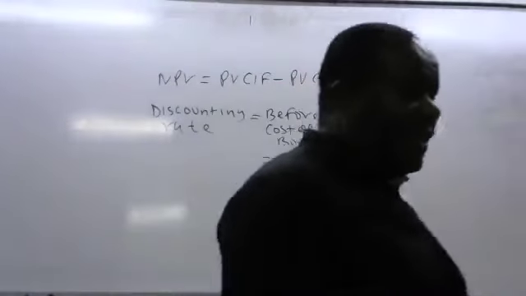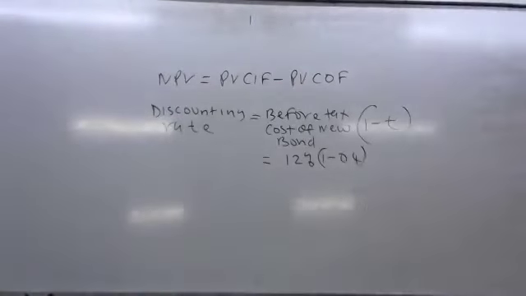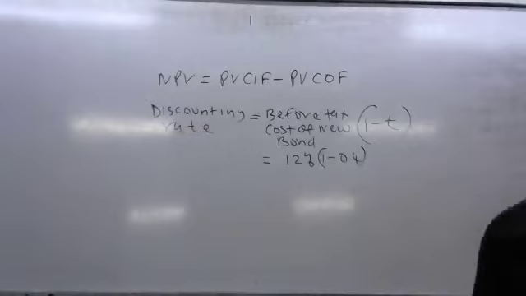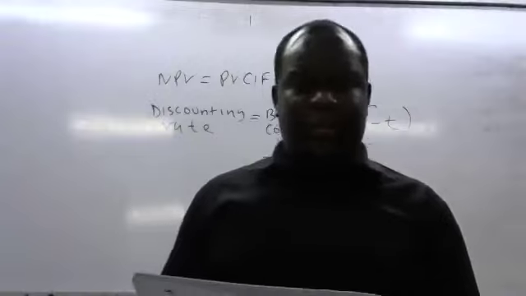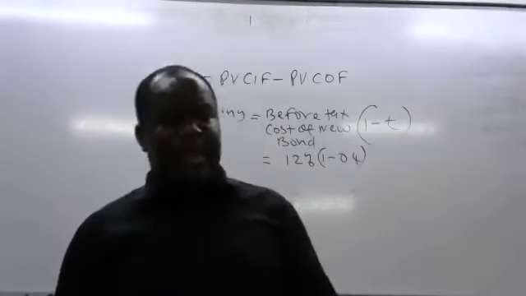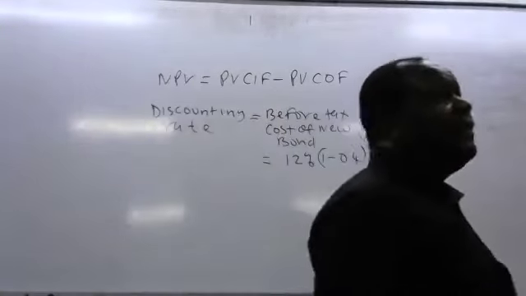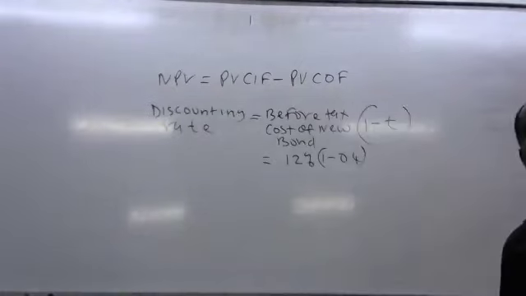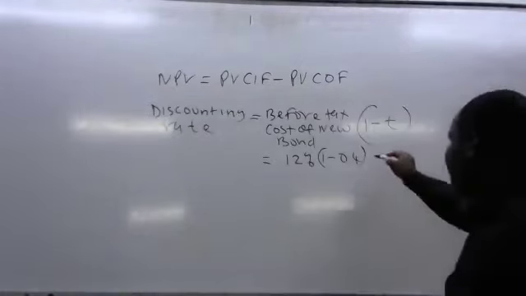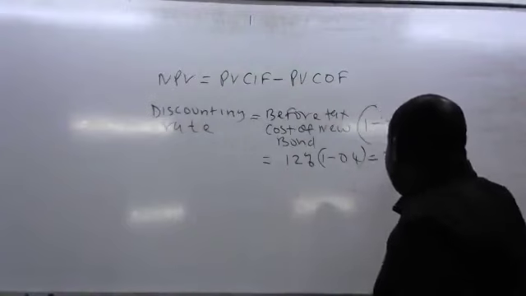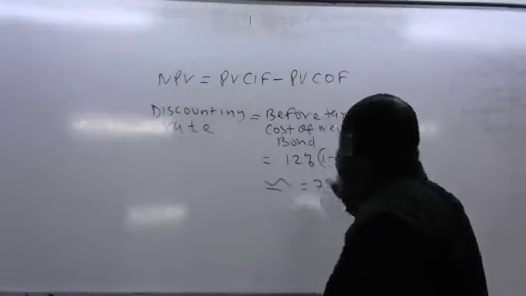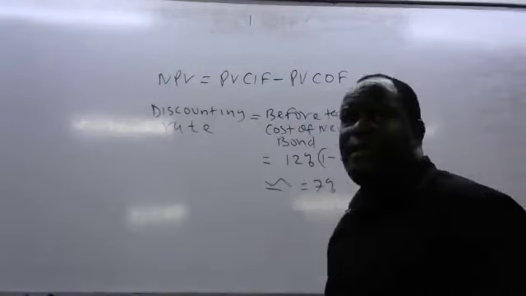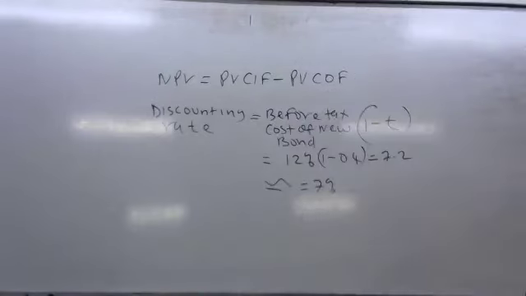But check at the end of the question. At the end of the question, you are told that the after tax cost of debt to the company is approximately 7%. That's how they got the 7%, because this figure is 7.2, so approximately it has been rounded off to 7%. Just in case it is not given, you calculate it in that format.